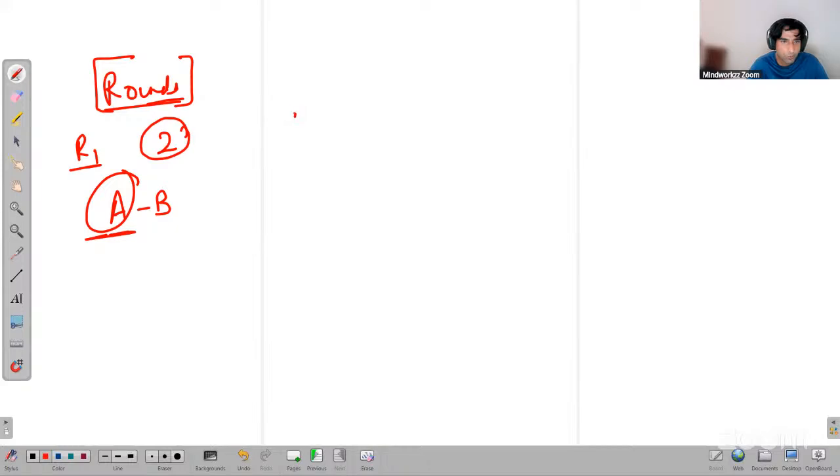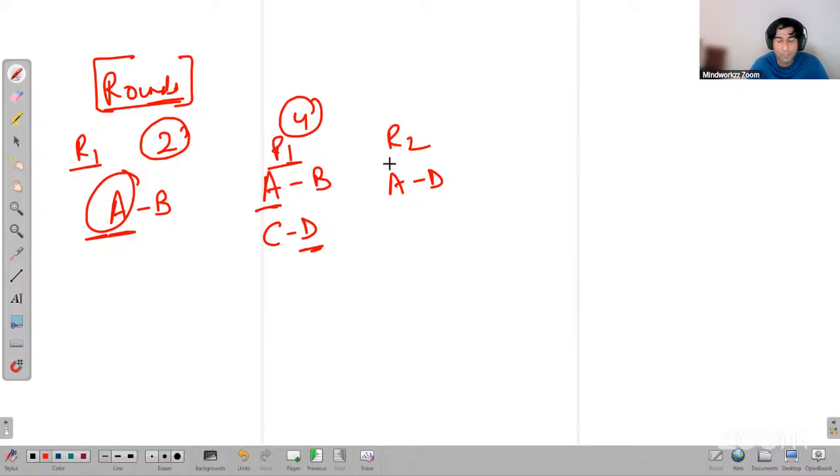If you have four players, then you have A versus B and C versus D. This is what is happening in the first round, that everybody is getting a match to play and everybody is playing only one match. Then if A wins and D wins, in the next round, you're going to have A playing against D, and one of these guys is going to win, hence winning the tournament.